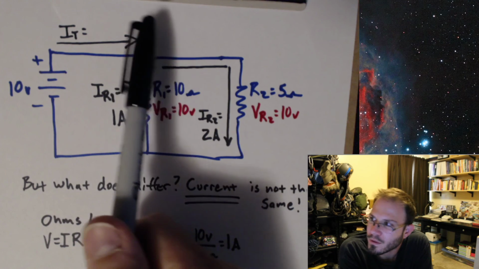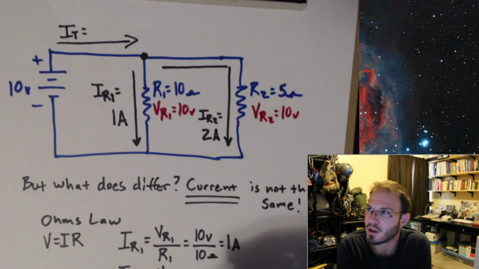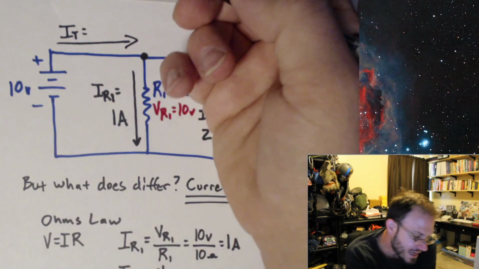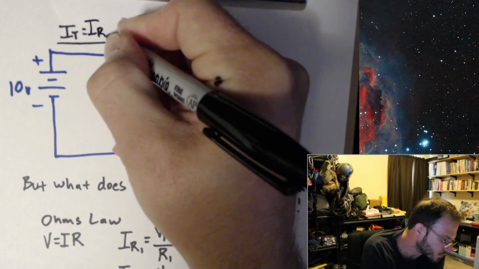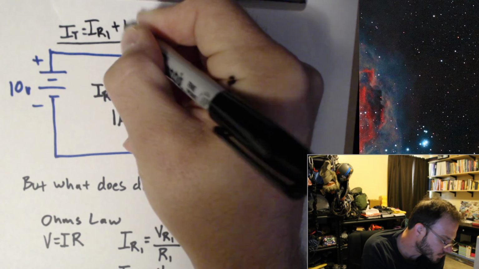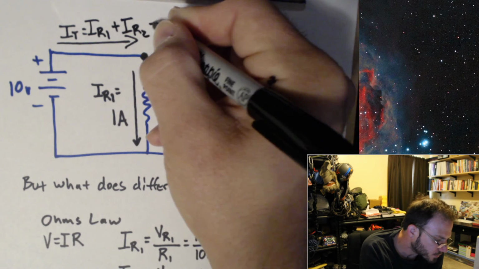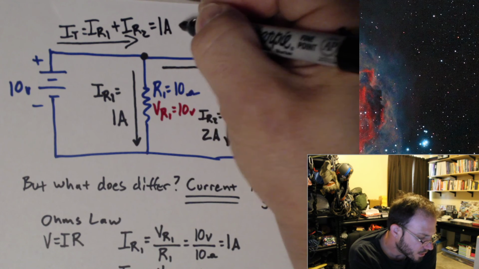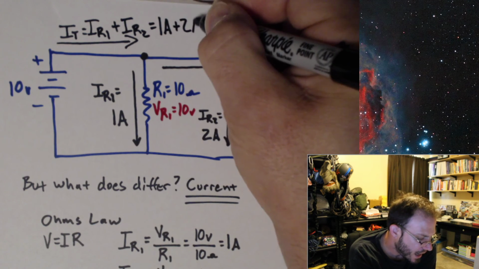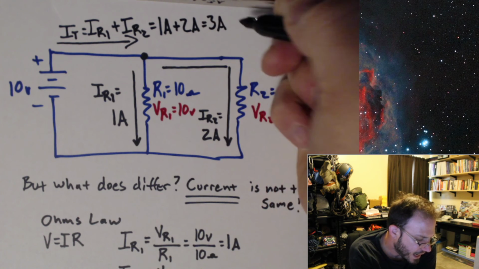And so current, or charge, ends up being conserved. IT therefore is equal to IR1 plus IR2. Or in this case, 1 amp plus 2 amps, which equals 3 amps.